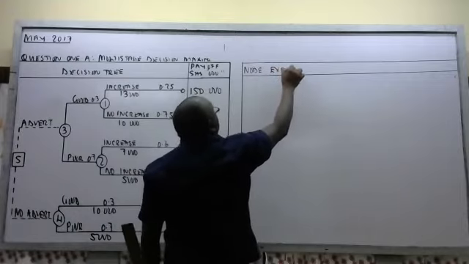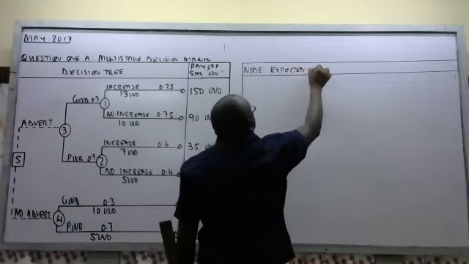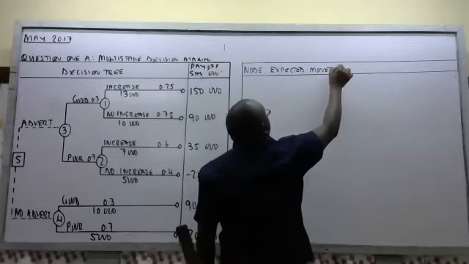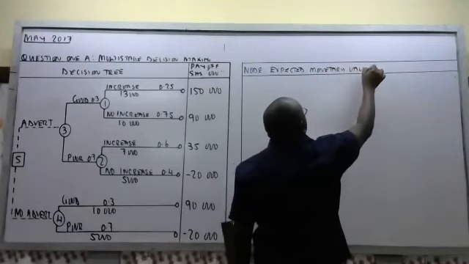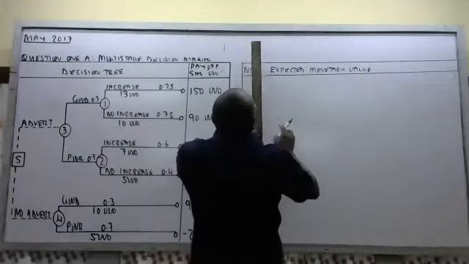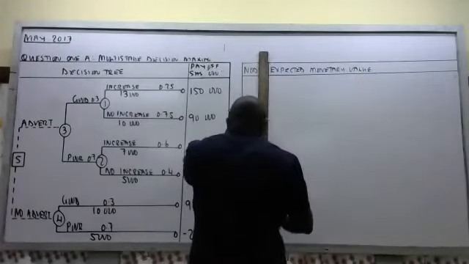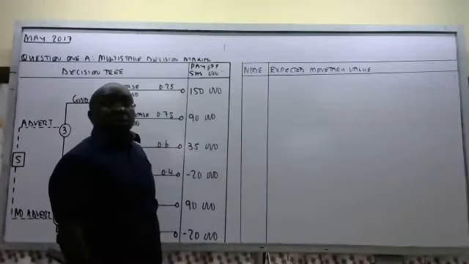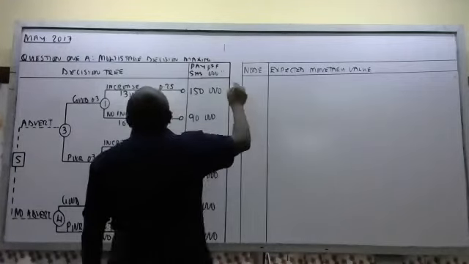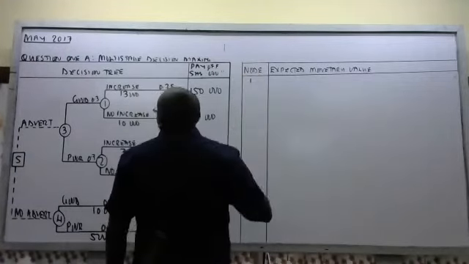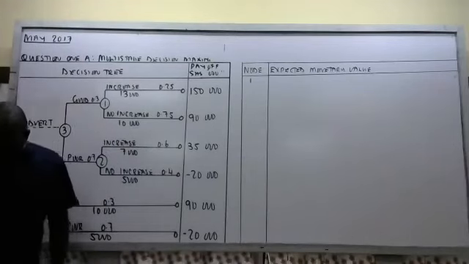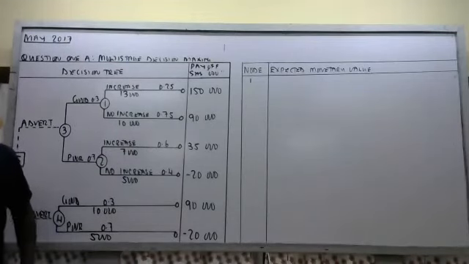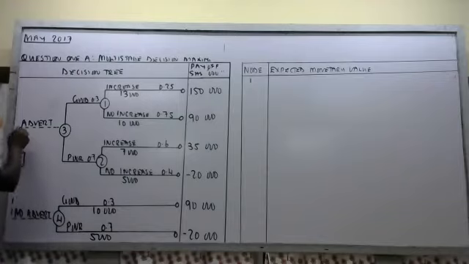We have the expected monetary value. So for node 1, we were told the advert had a cost of 15 million. So come here and write 15,000 in brackets that way.